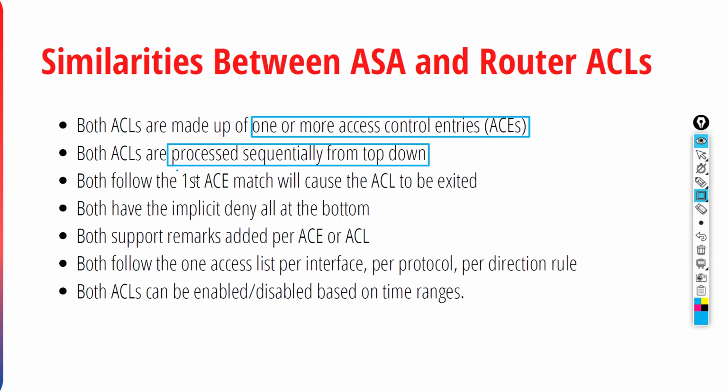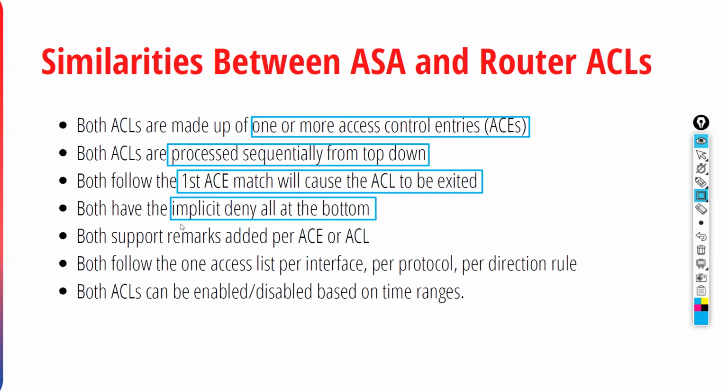And it follows the first ACE match. That means as soon as a condition matches, it will not check the further conditions. It will exit. Then they have an implicit deny at the bottom. Then both support remarks for an ACL, so you can add entries and tell why you are adding them.